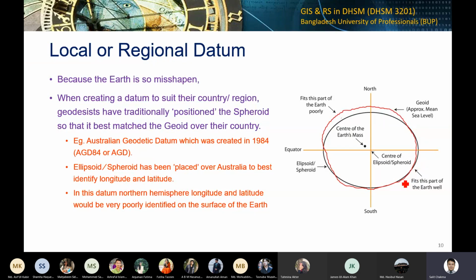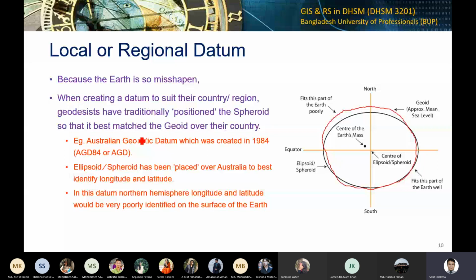If you go to Australia, it's less mountainous, except New Zealand, of course. So when we try to match this region, we start to have differences between the geoid in the northern hemisphere and our surface of the spheroid. That's the local datum.